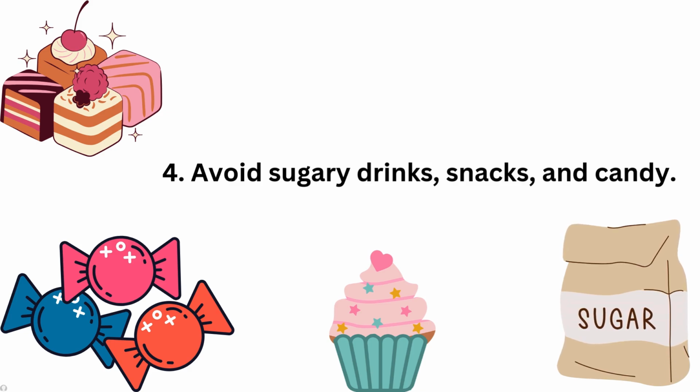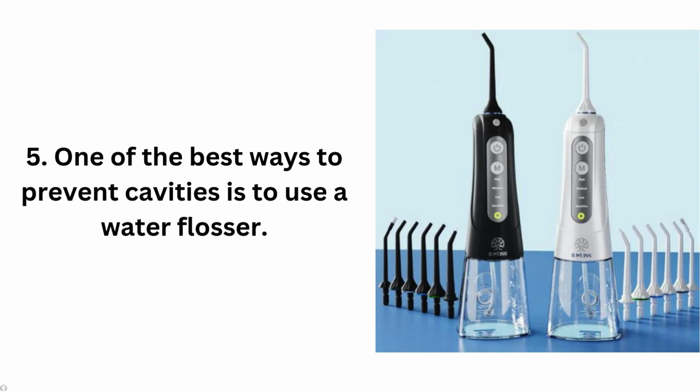Number 4, avoid sugary drinks, snacks, and candy, because all these, of course, will contribute to dental caries. Lastly, one of the best ways to prevent cavities from taking place is to use a water flosser.